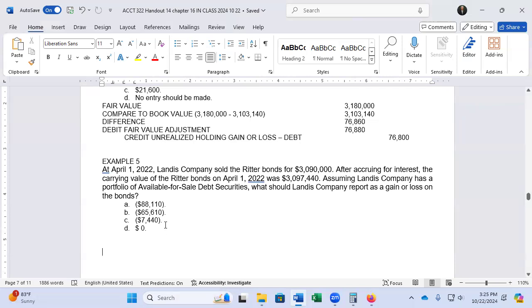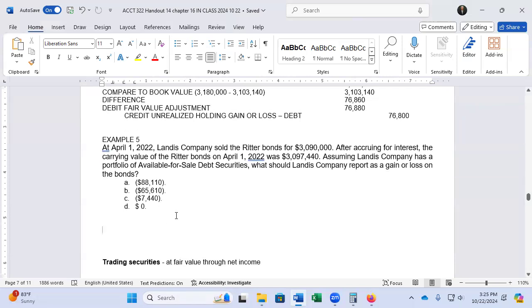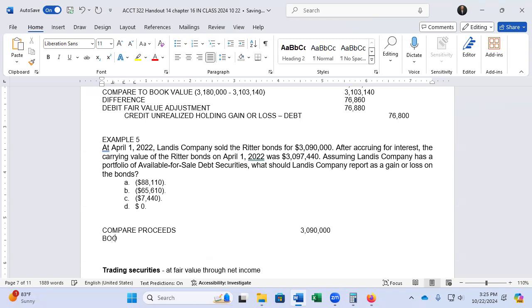And so it looks like we have a loss there. So what we want to do is compare the proceeds, which in this case are 3,090,000, and our book value, $3,097,440. And so the difference as a loss in this case would be 7,440.